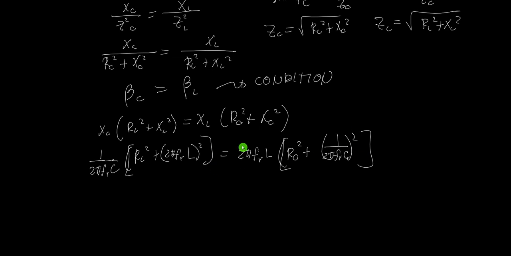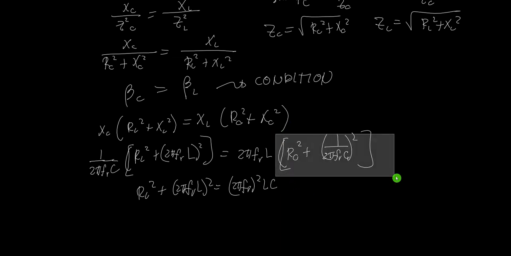And next, we can cross multiply here and here. So RL squared plus 2 pi f of r L squared equals this one times this one. So we have 2 pi f of r, we square that. Then we multiply L and C. And this is equal to this.